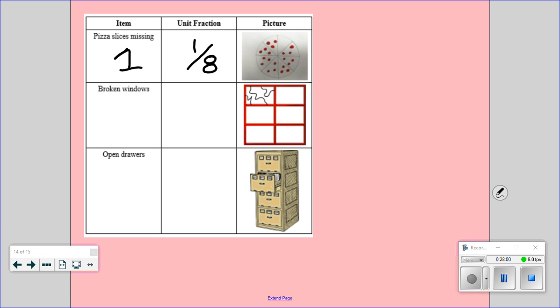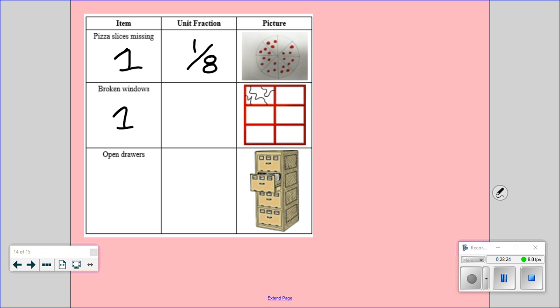How many broken windows are there? Little like broken window panes. Broken window panes. Yes, let me be more specific. Bella? 1. What would be that fraction of the whole big window set? 1/6.